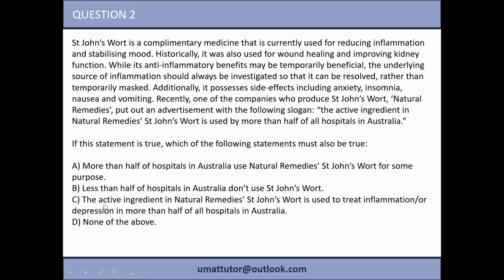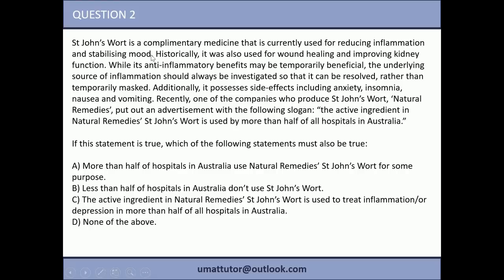Now this is better already because we've got the active ingredient. So the wording is the same. The active ingredient in St John's Wort is used to treat inflammation or depression in more than half of hospitals in Australia. So it starts off well, but it kind of falls down in the second half because it mentions treating inflammation and depression. Now that's similar to what we have up here with inflammation and stabilizing mood.